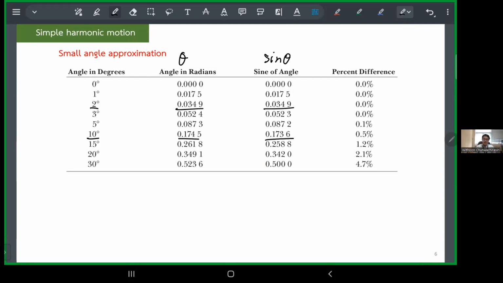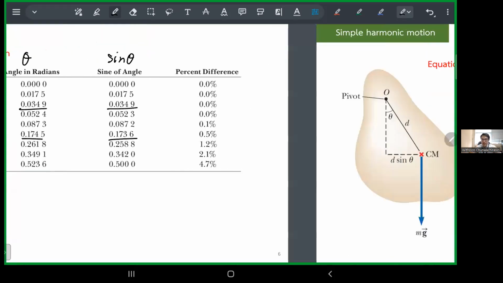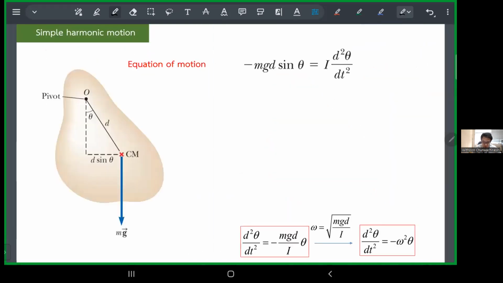Guys, this is the ultimate example of the day. We're going to extend this to something more realistic, more physical. So we're going to use this concept on an object that has size, an extended object.